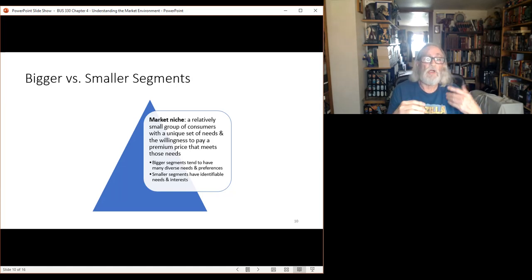In many cases, when you find a smaller group, if they can find the highest unique quality they want and the service or whatever it is that is driving their desire to have this, then they'll pay more. They'll pay that premium price.